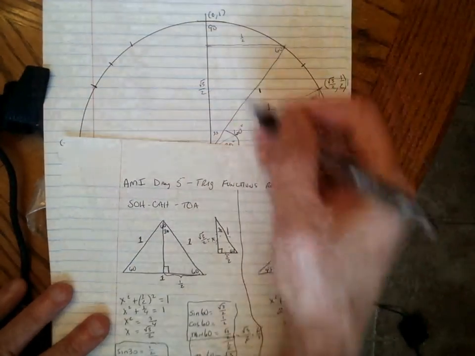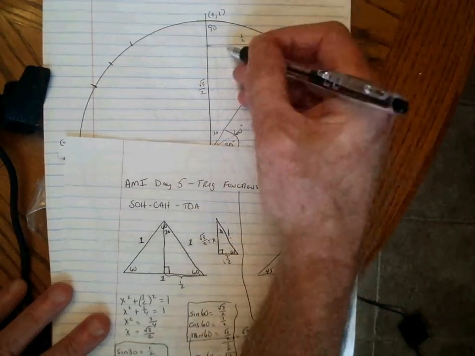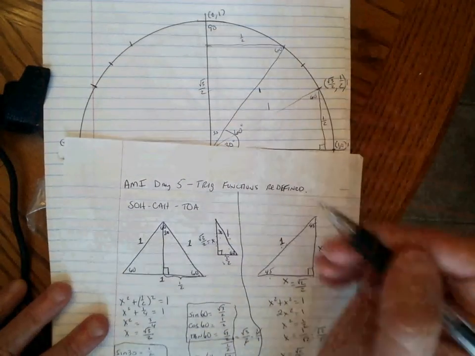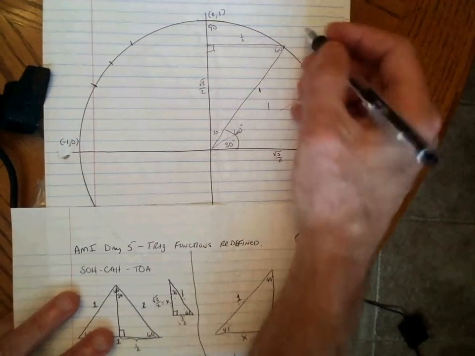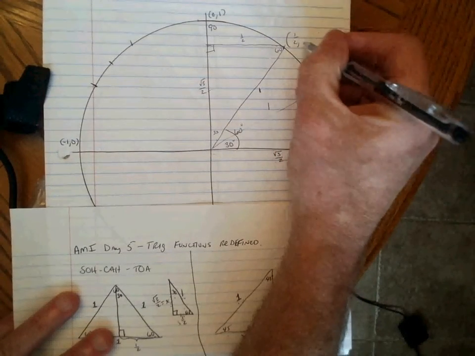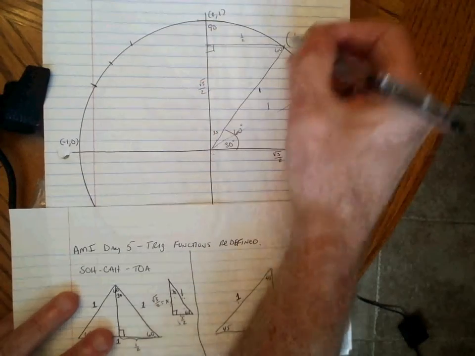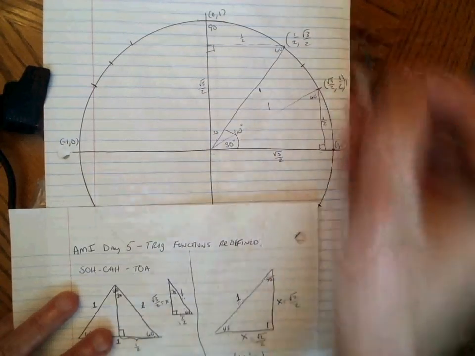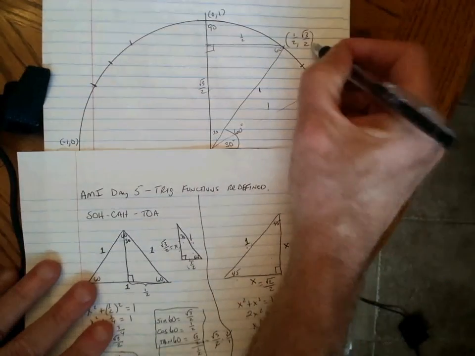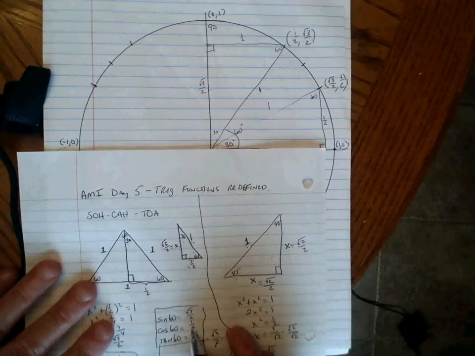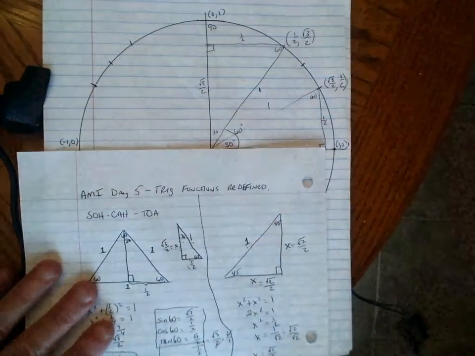Across from the 60-degree angle, square root of 3 over 2. Across from 30-degree angle is 1/2 when the hypotenuse is 1. And that makes the x-coordinate of this point 1/2, and the y-coordinate the square root of 3 over 2. And look what we found a moment ago. The sine of 60 is the square root of 3 over 2, and the cosine of 60 is 1/2.